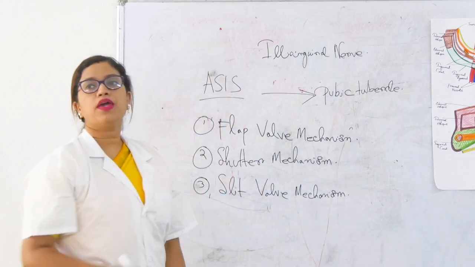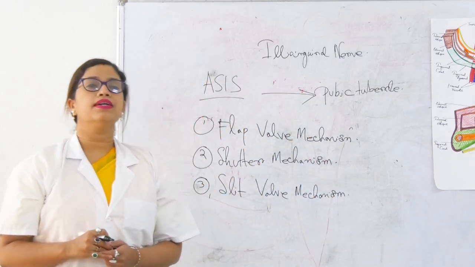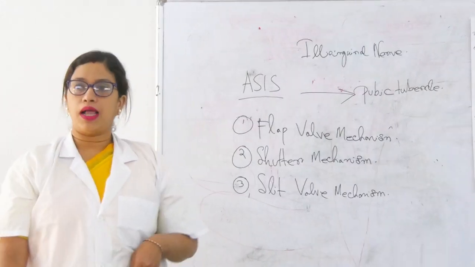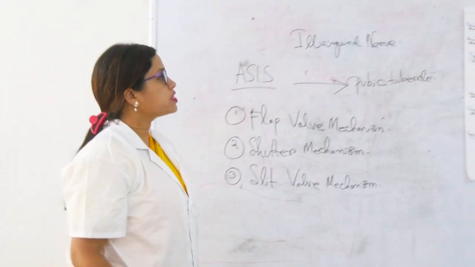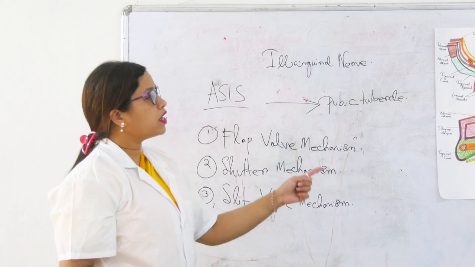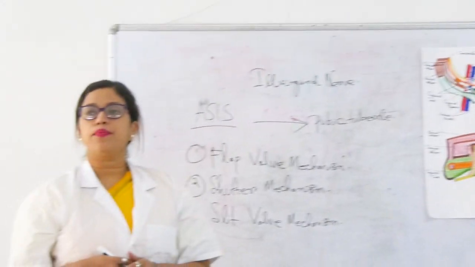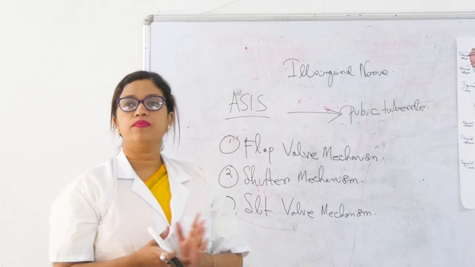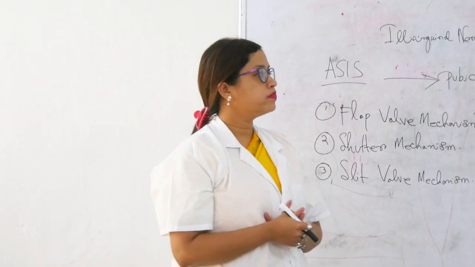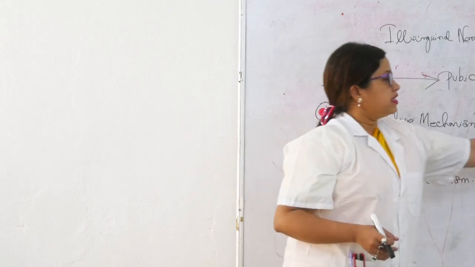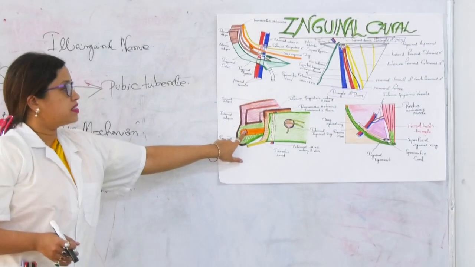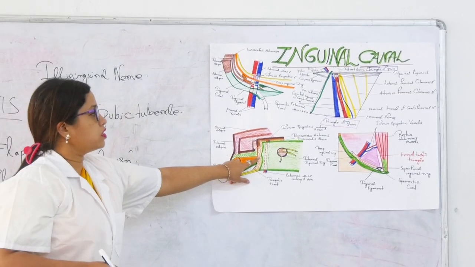Okay, so one by one we will come. First one is the flap valve mechanism. What is that? You could see the deep inguinal ring and the superficial inguinal ring. So what are the muscles that are present towards the deep ring? See, this is the deep ring, this one is the superficial ring.